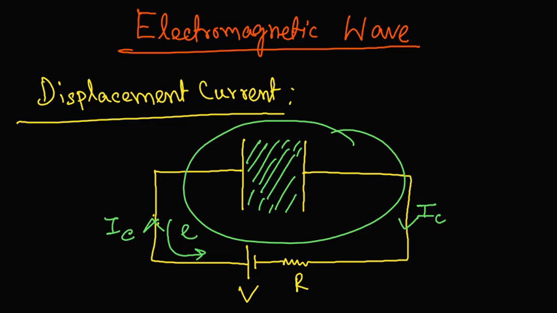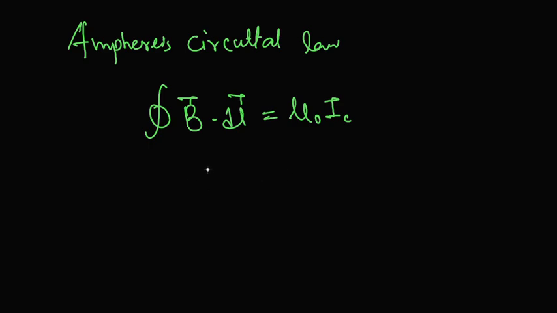When Maxwell studied this, Maxwell gave us a great learning. Maxwell says there is a current which is actually equal to IC, but we cannot call it conduction current.